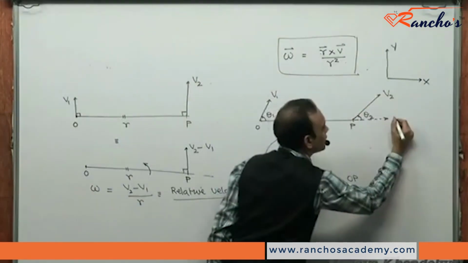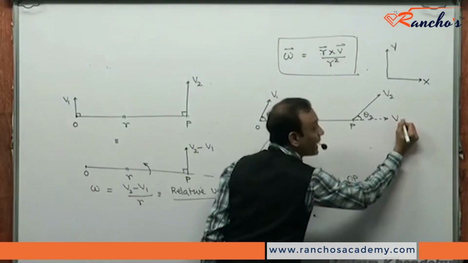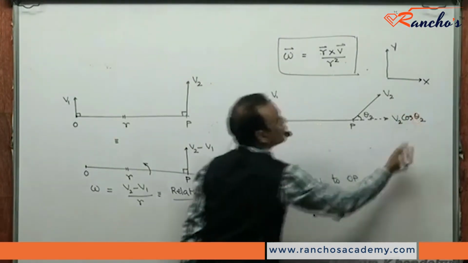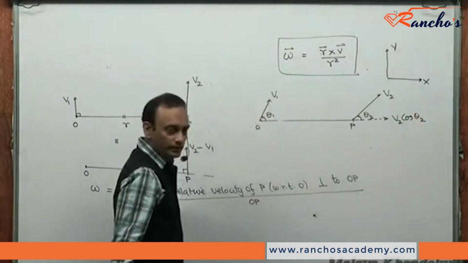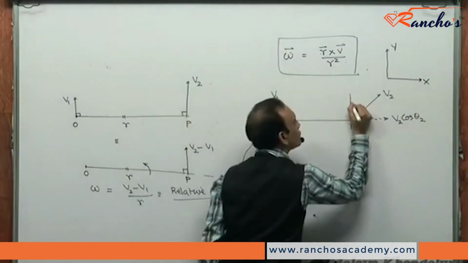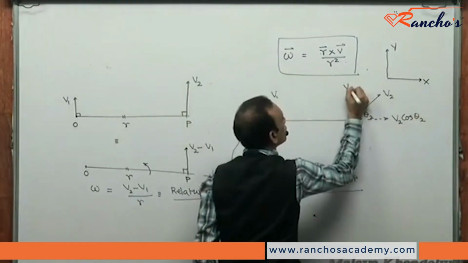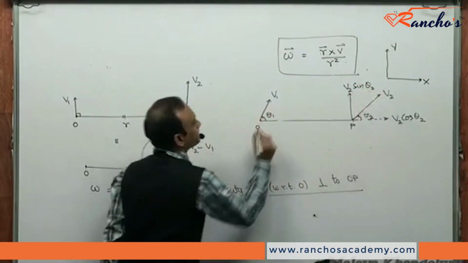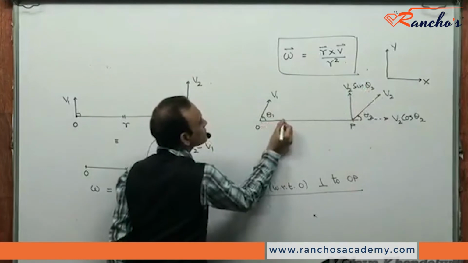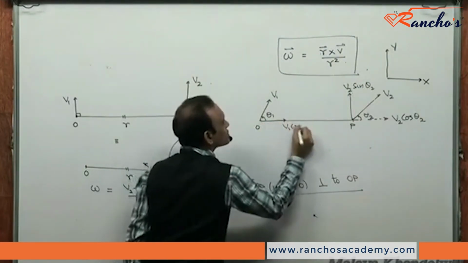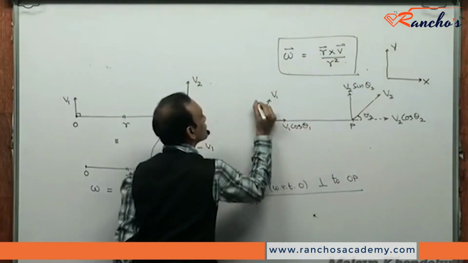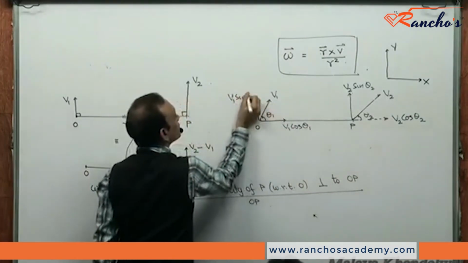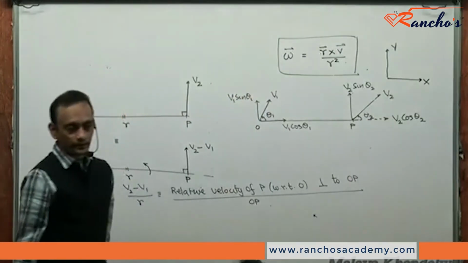Velocity of P as seen by O: the absolute velocity of P along the line joining O and P would be v2 cos theta 2 along OP, and v2 sin theta 2 perpendicular to it. Similarly, v1 cos theta 1 along OP and v1 sin theta 1 perpendicular to OP.